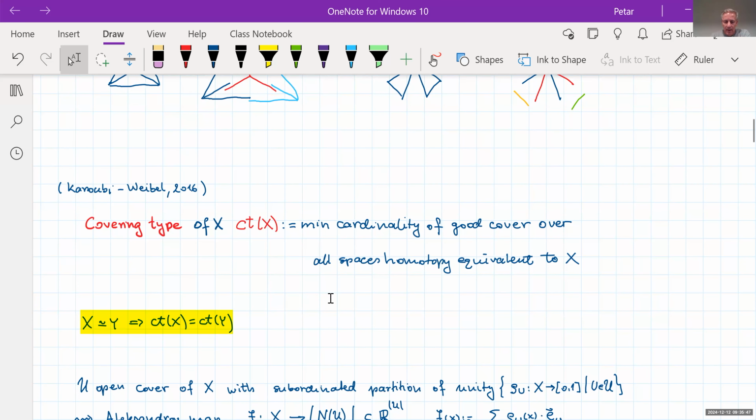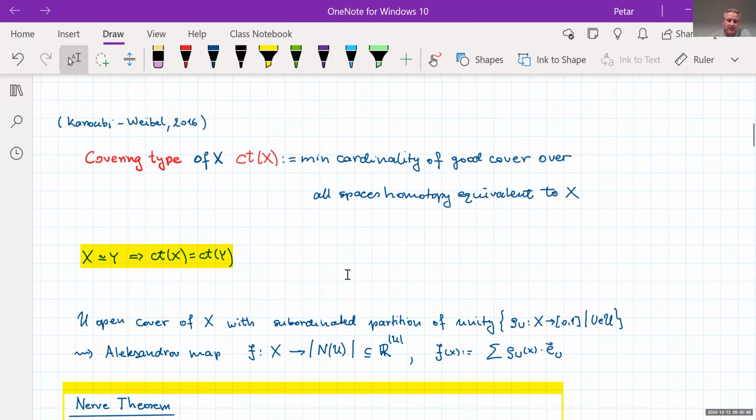Now the first immediate thing that you get from this: if you have a good open cover with a partition of unity, then there is always an Alexandroff map from X to the nerve of this cover, and it can be written explicitly.